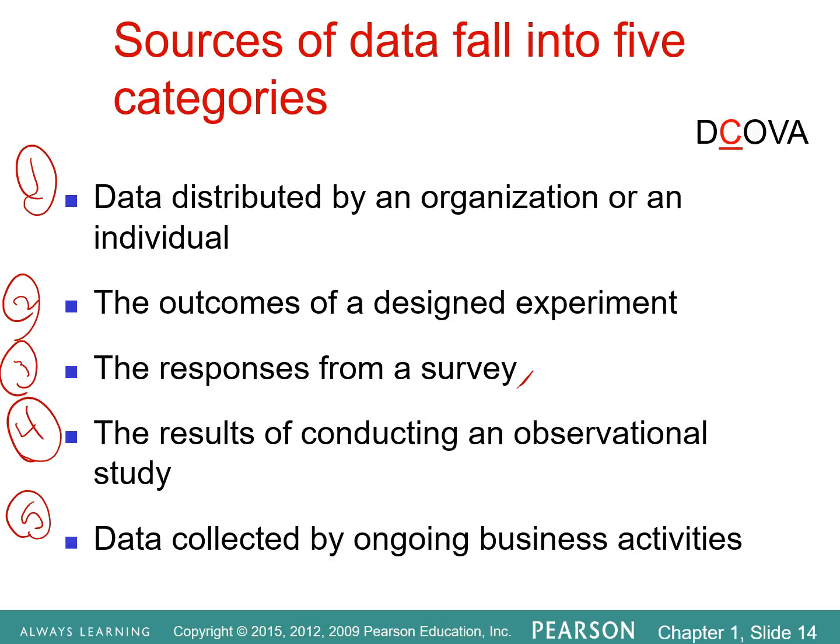I guess an example of this would be, how many SUVs are parked in the parking lot of a mall, maybe during a given time frame, compared to smart cars. Okay. Data collected by ongoing business is how many 4K TVs are sold in the month of July.